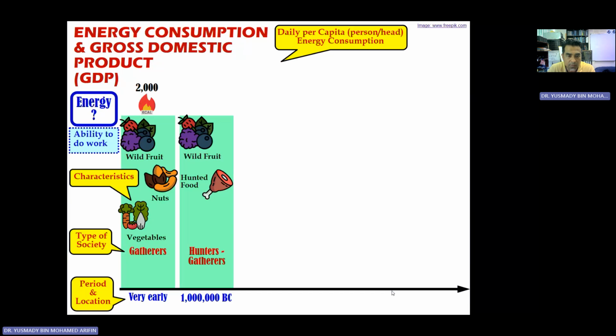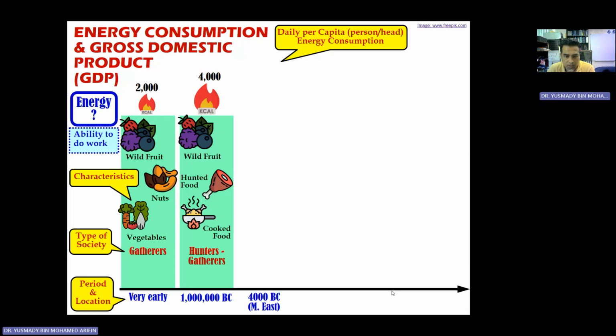But now the society already knew how to hunt animals to obtain food, and already knew how to cook their food by using fire. The energy consumed by each individual at that time was approximately 4,000 kilocalories daily per capita. You can see the increase of energy consumption when the activities of the human at that time increased.